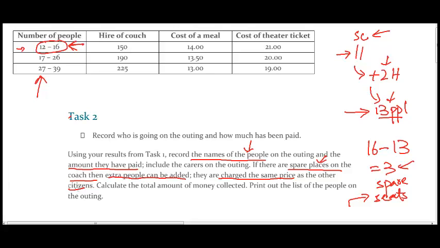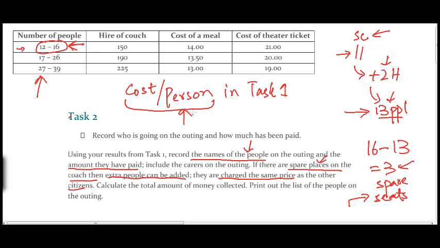Remember, we calculated the cost per person in task 1. That cost is the cost that these new extra people will have to pay also. So we are not going to do any recalculations now.